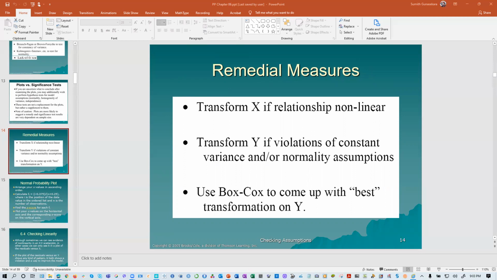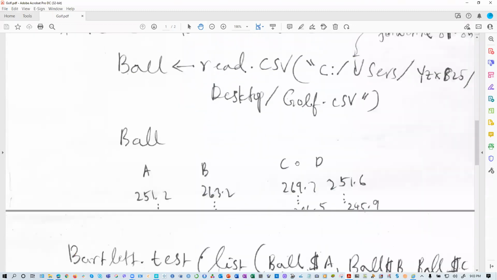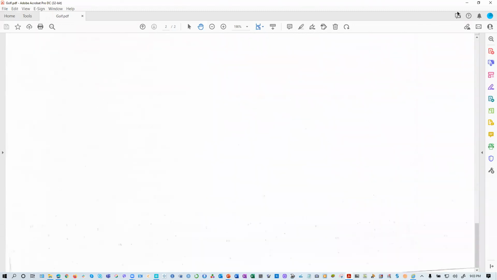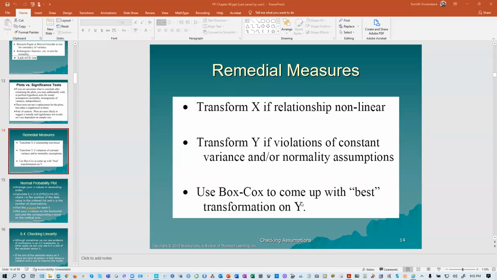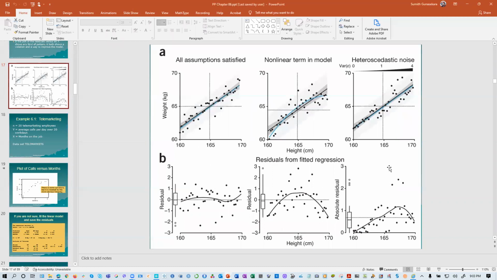We're not going to do anything in detail, but only for your knowledge I can talk about it. Box-Cox will decide what kind of transformation you have to use, like a log transformation, inverse transformation, or a different kind of transformation. But as we said over here, we can remedy those.